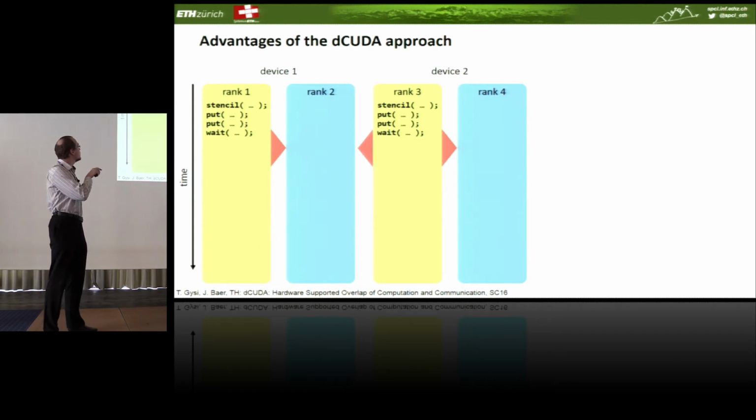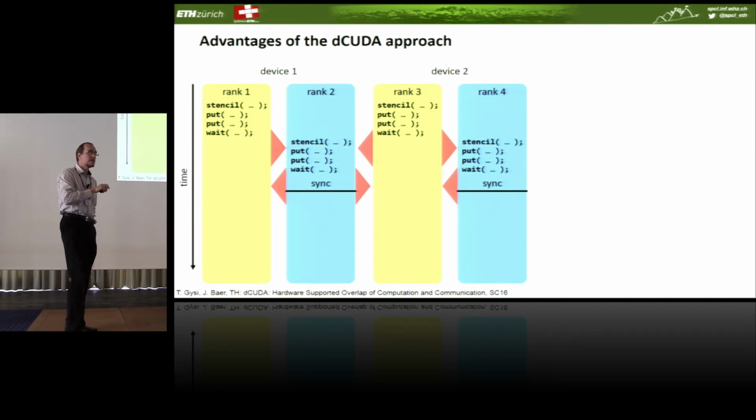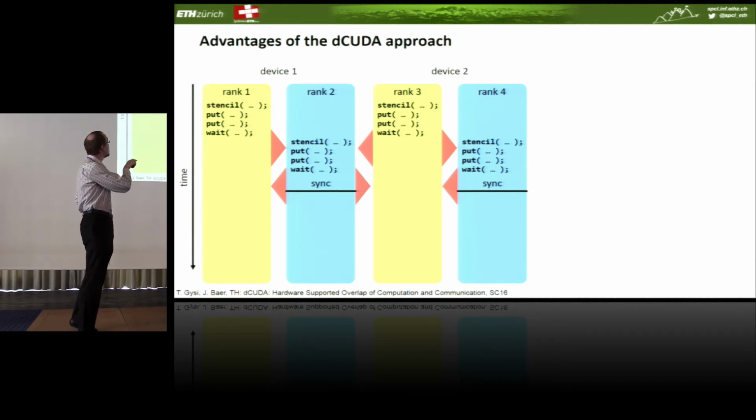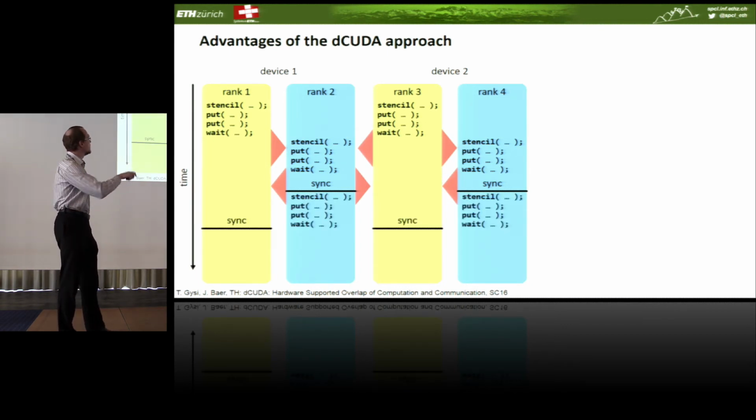So here you issue your stencil computation, you issue a put and a wait, and this put will start a communication from rank 1 to rank 2. Here, of course, is rank 2. At the same time, it does some stencil computation, but it may actually run on the same resources. This is why it's running a little bit later here. And it issues a put in this direction and a put in this direction, so there's a 1D stencil here. And then it has to synchronize, to make sure that the data that rank 1 started actually arrived at rank 2, because then it moves into the next iteration of the computation, right? And the same over here.